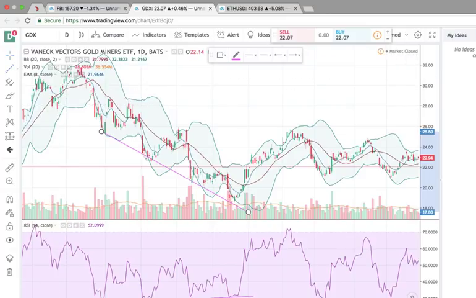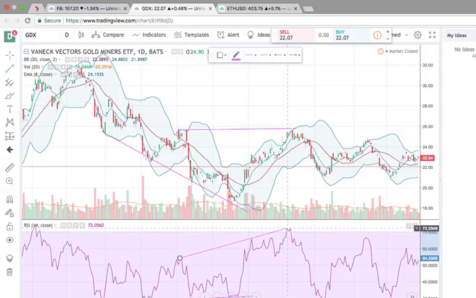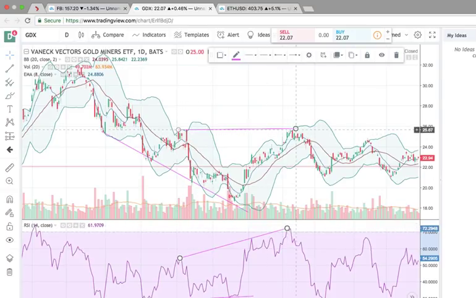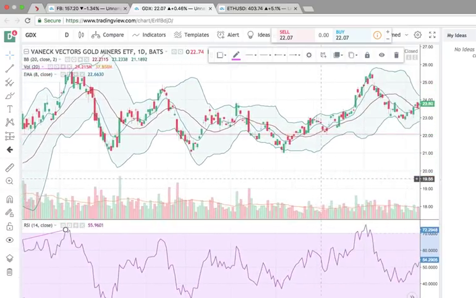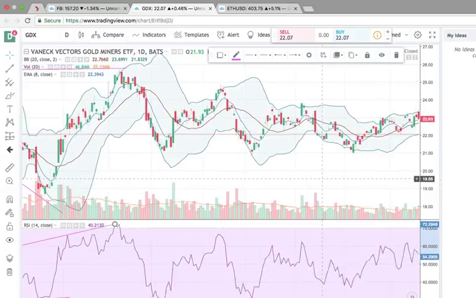You can see that it tops out here when we have a double top and the RSI gets overbought, up in the 72s versus this level where it was down in the 50s, and price has not gone above it. So that's hidden bearish divergence, because the price has not been able to move, and we had a nice pullback from there. Then sideways trading, we've been in equilibrium for a while.